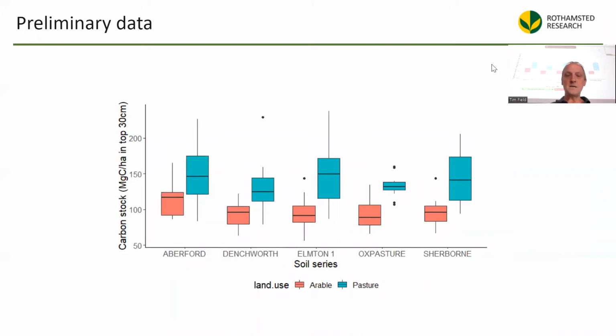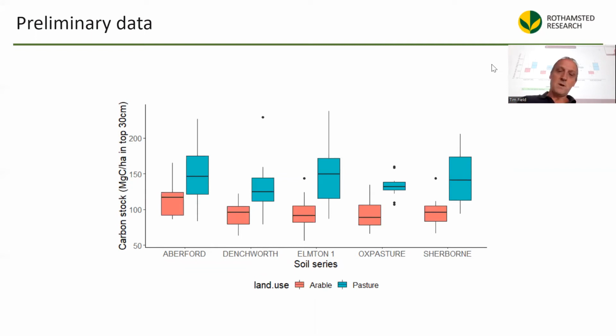So these are the kind of data that we will be producing for you. So here they're expressed on those different strata, and these are for just the fields where we have the wet chemistry data. Okay, demonstrating that we are seeing differences, and those differences are scalable and robust. So you might be able to see differences in the soil series.